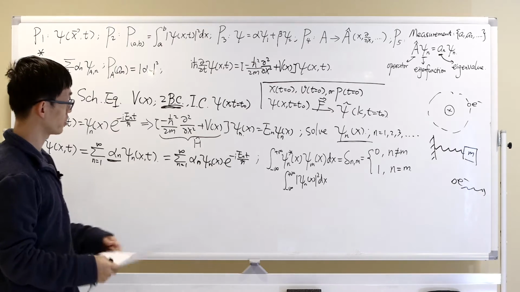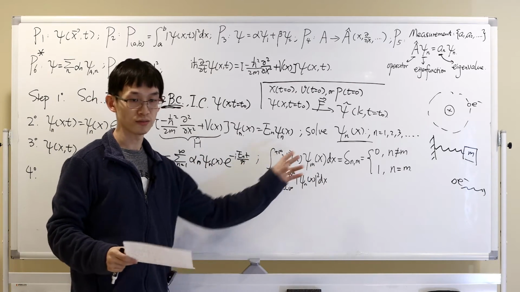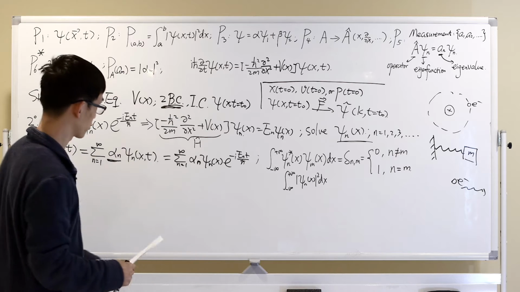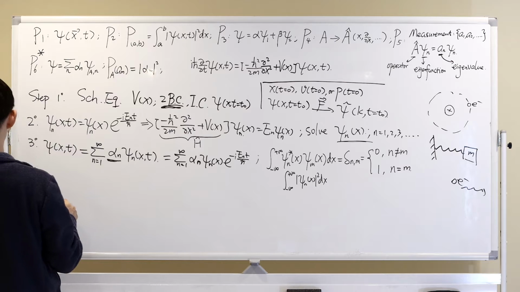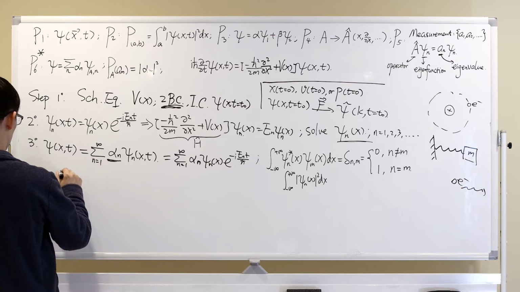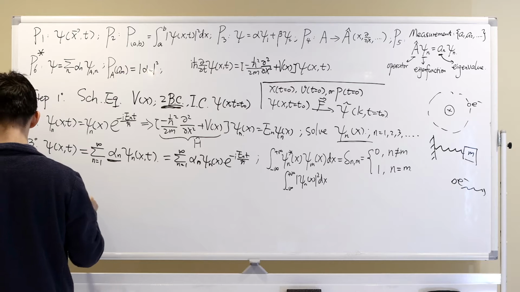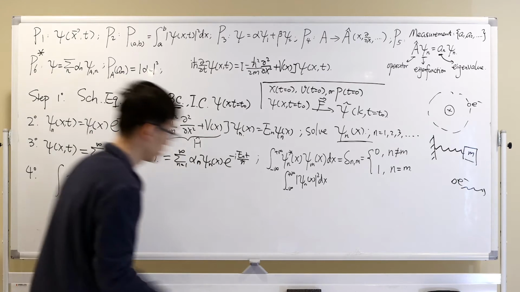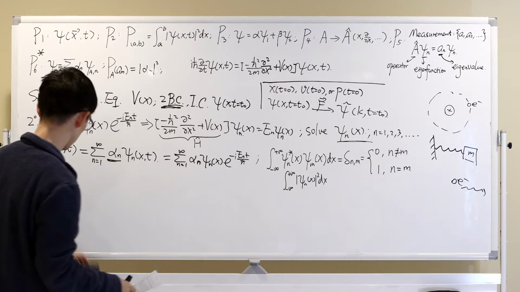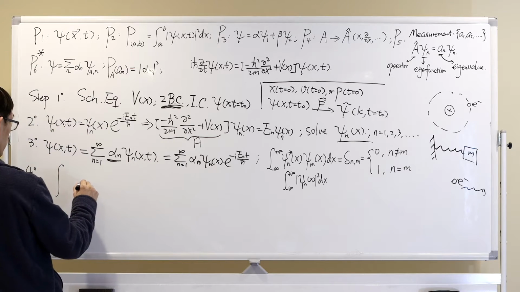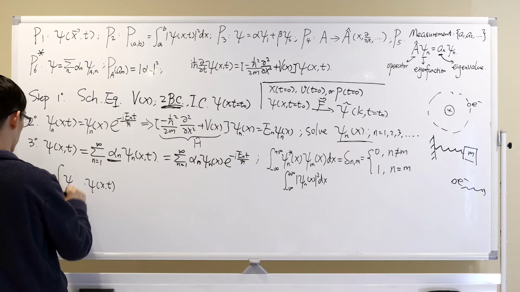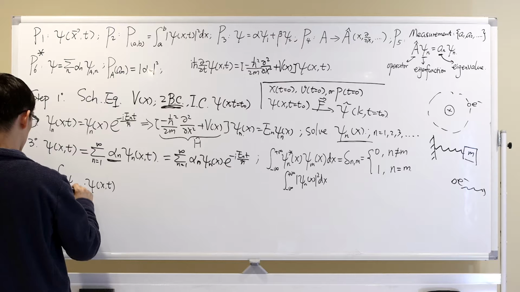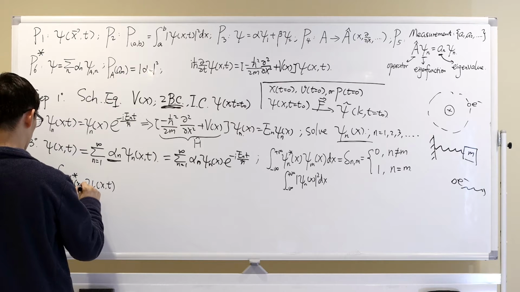So one thing that you can do is that if you have this condition, and this is something very similar to Fourier transform, then what you can do is write down psi, the wave function you want to solve, and you multiply that with psi m, from minus infinity to infinity.